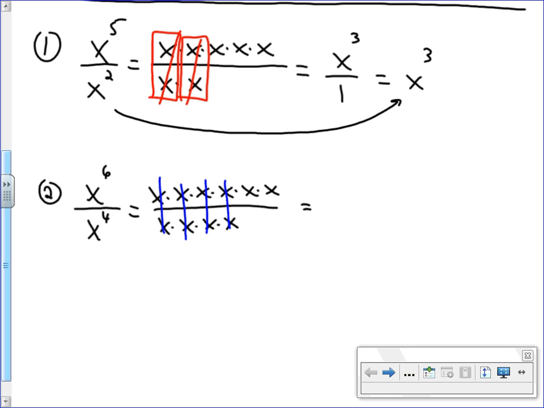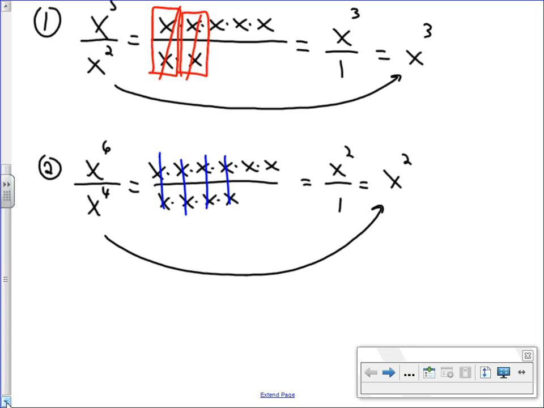When they cancel out, we're dividing, so each of those ends up being a 1, right? Leaving us with 2 in the numerator. That leaves you with the final answer of x squared. So again, take a look, beginning to end, could I have arrived at that answer without having to show that step in the middle?